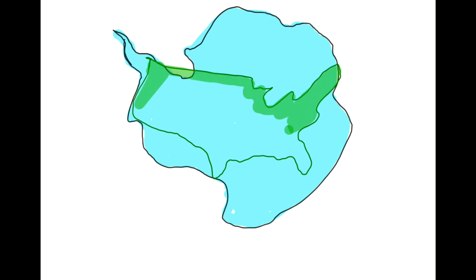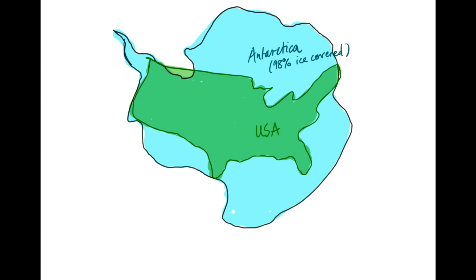To give you a perspective of how large this ice sheet actually is, I will draw a rough outline of the contiguous US, which looks roughly like this. So Antarctica is about 14 million square kilometers large, and the US is about 10 million square kilometers, including Alaska, which I haven't drawn here.